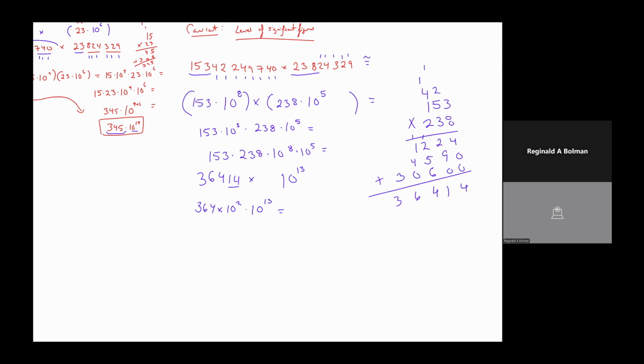So this is 364 times 10 to the second, and 10 to the second times 10 to the 13th. Well, the exponents add, that's really 10 to the 15th. So now you've got 364 times 10 to the 15. Is that really substantially different than your original answer of 345 times 10 to the 15th?